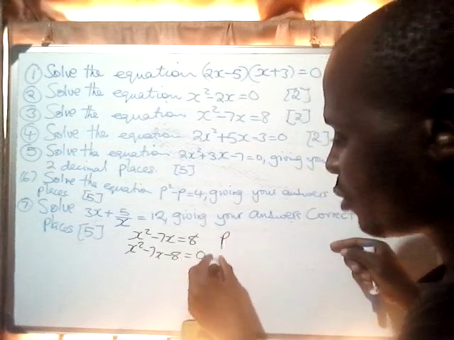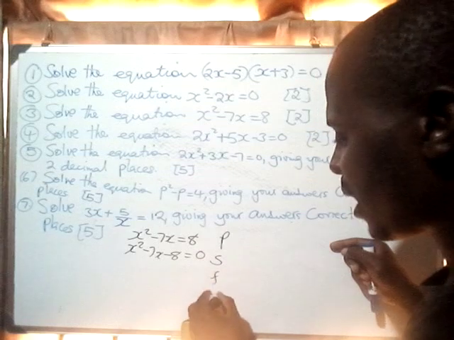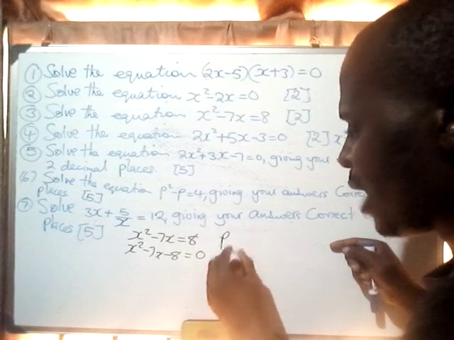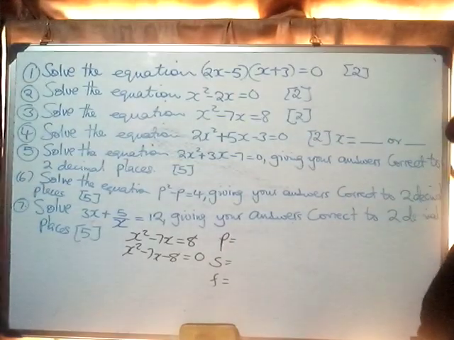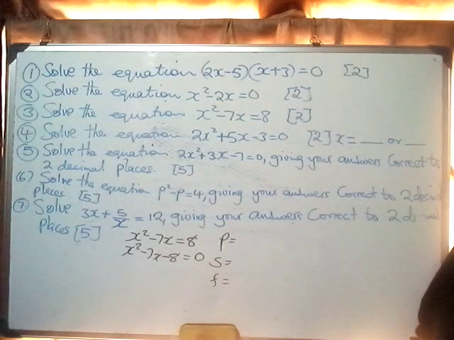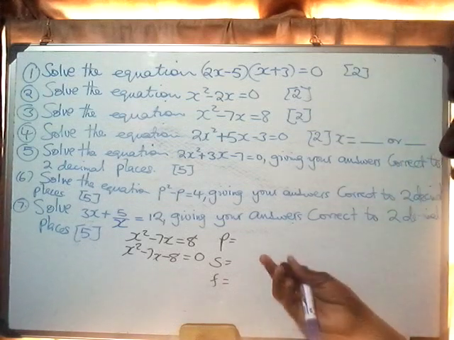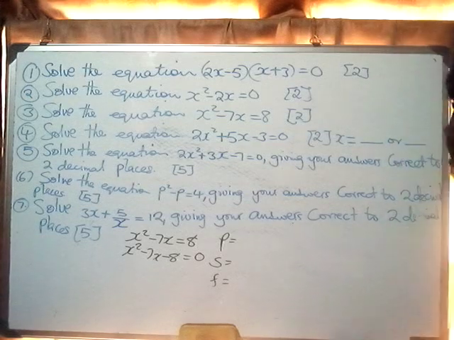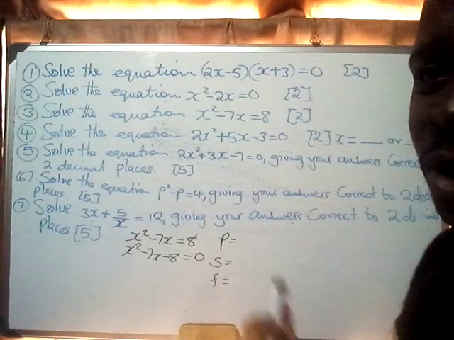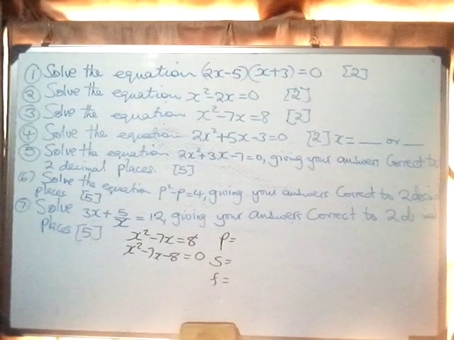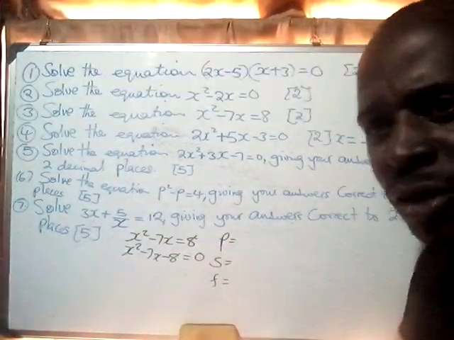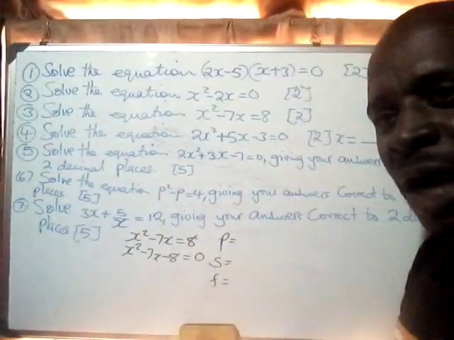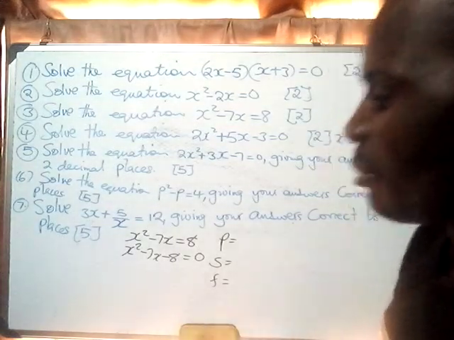So for the sake of time, you use the product, sum and factors. I don't know which one is okay for you, but I would advise you to use either way, but don't use the completing the square method, because it is involving. Anyway, it depends on the method you are comfortable with.